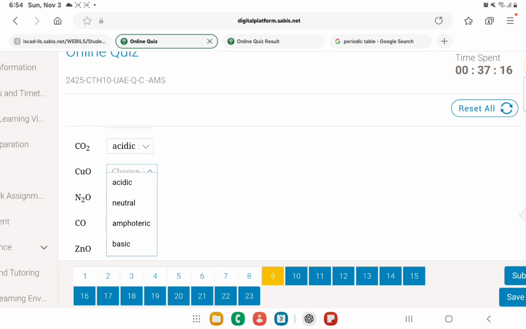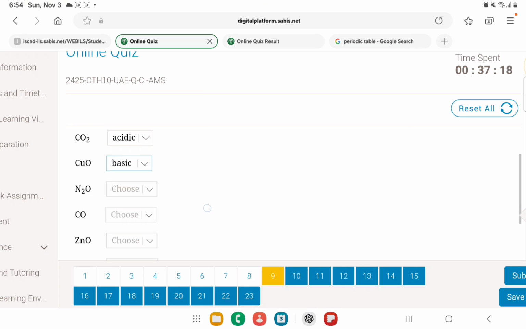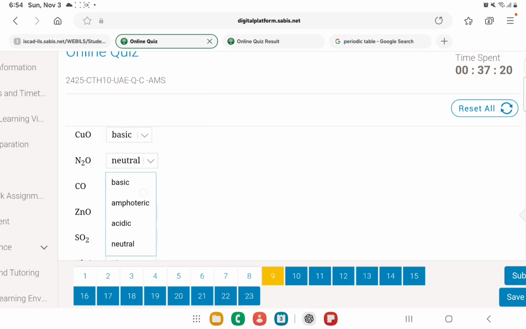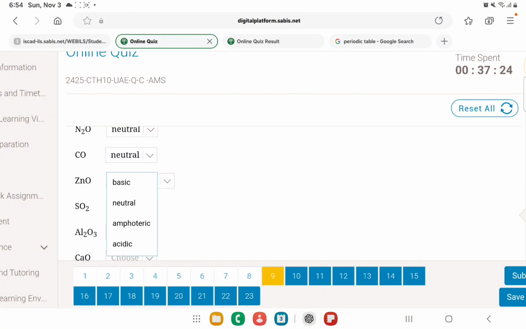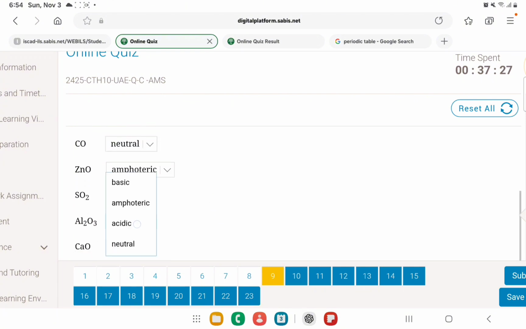Cu, copper oxygen would be basic. N2O neutral, CO neutral, ZnO amphoteric, SO2 acid, Al2O3 amphoteric, Ca is a metal and oxygen, basic.